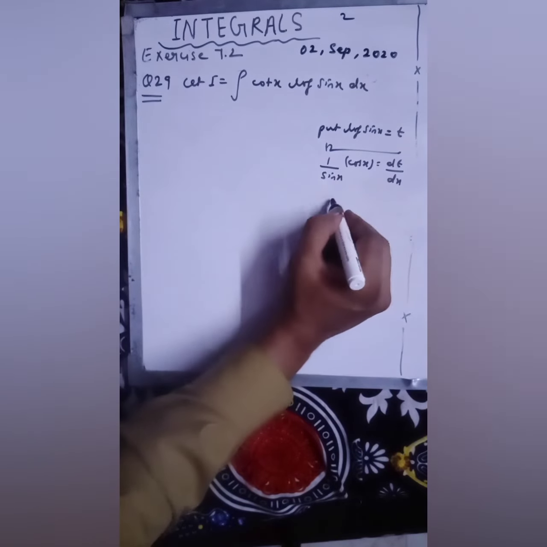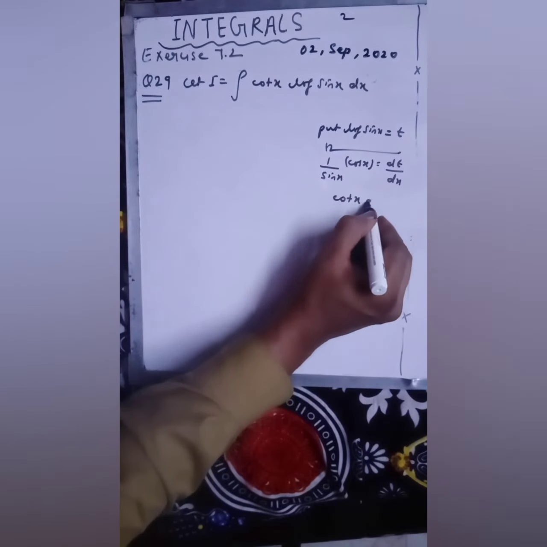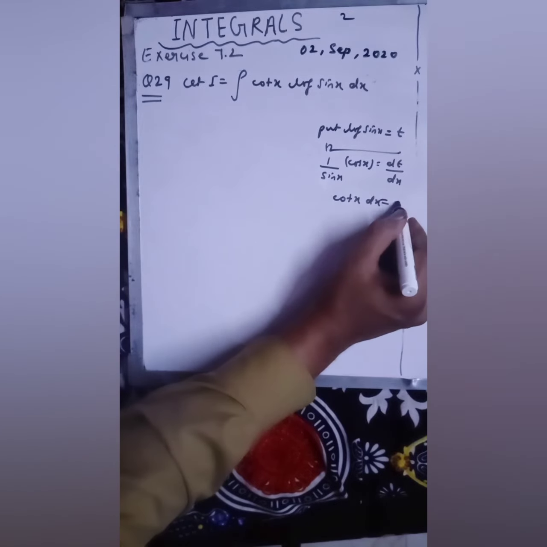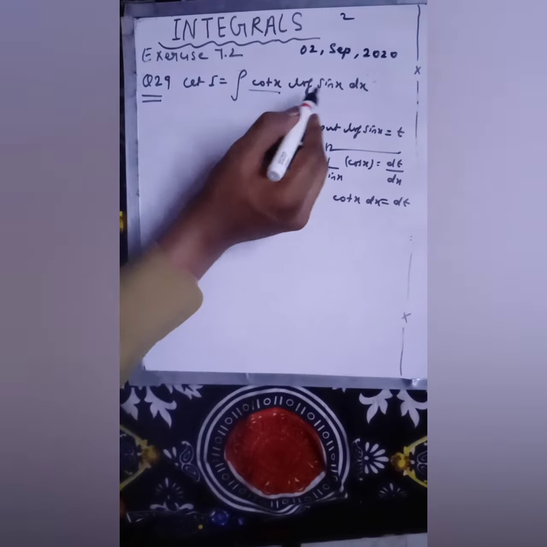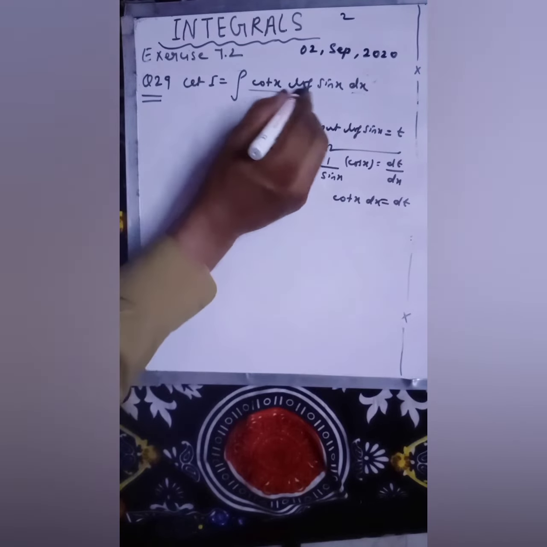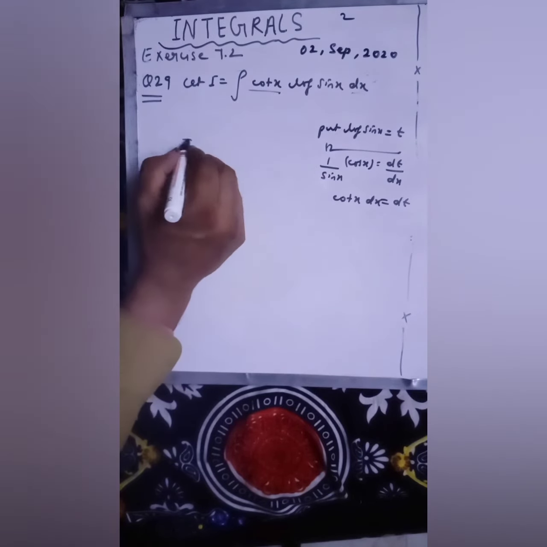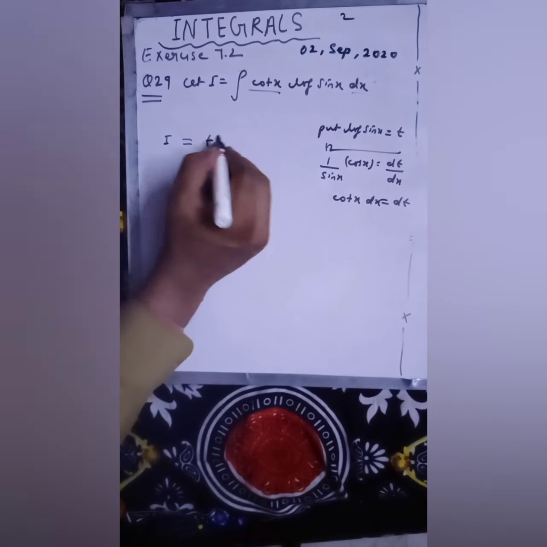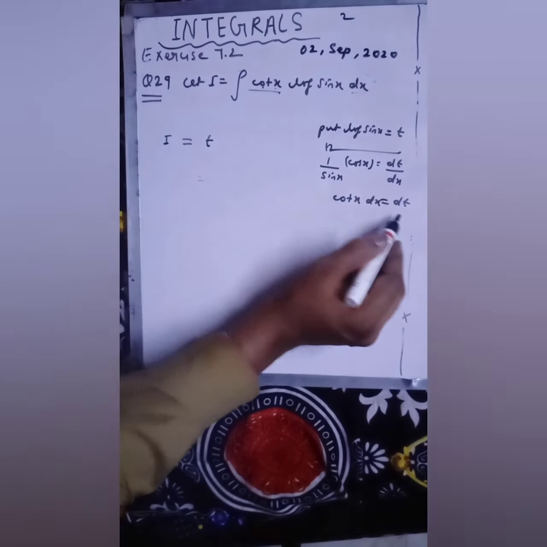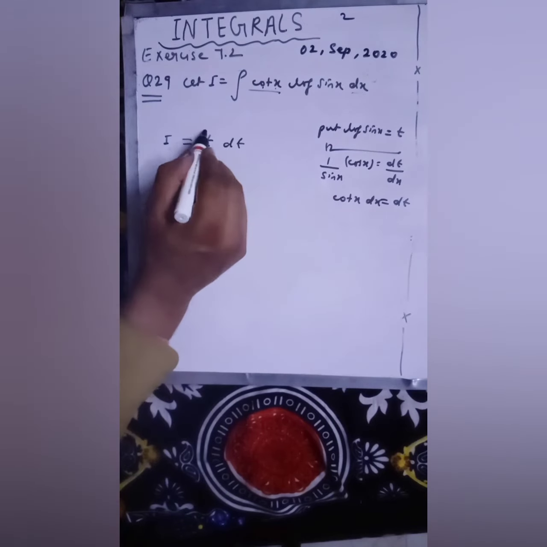Cos upon sin is your cot x. So cot x dx is equal to dt. Now in place of this, log sin x is your t, and cot x dx is your dt. So you have to write this.